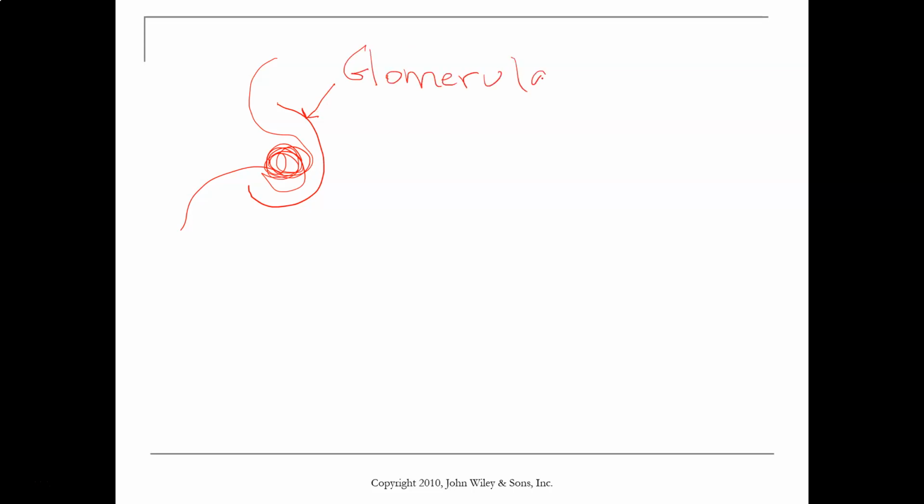Glomerular capsule because it's like a cup around the glomerulus, the capillaries. Okay, and it kind of catches what gets filtered out of the blood in the glomerular capillaries.